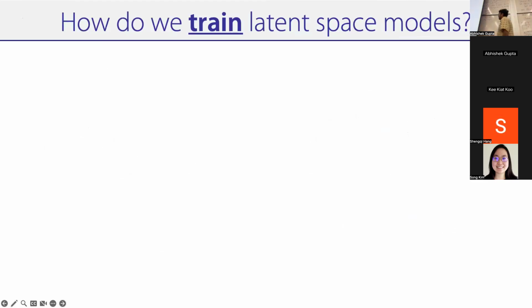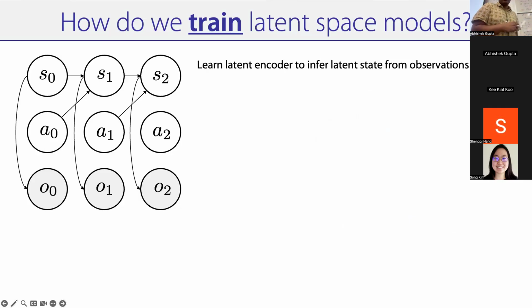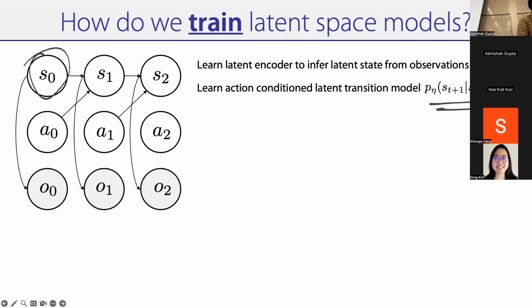We're not going to go that much into detail here, but the premise of many latent space models is to try to learn a bunch of different things together. First, we're going to learn an encoder, and the encoder is trying to encode a history of observations into a latent space, let's call it ST. Given an encoder that gives me ST, I'm going to learn a latent transition model.